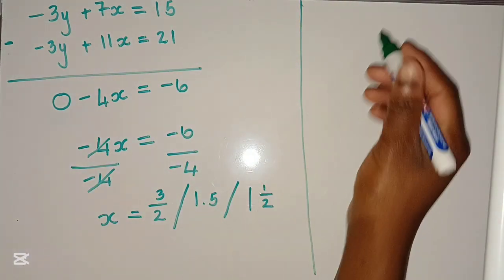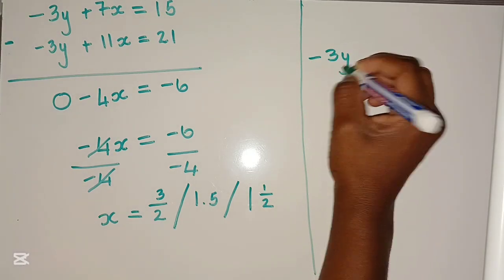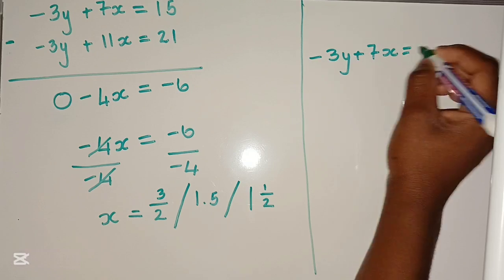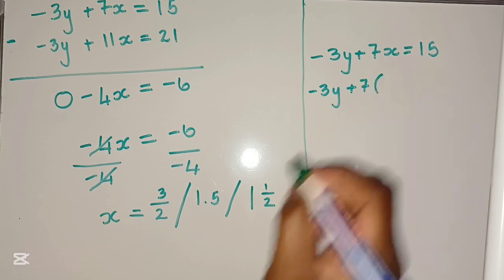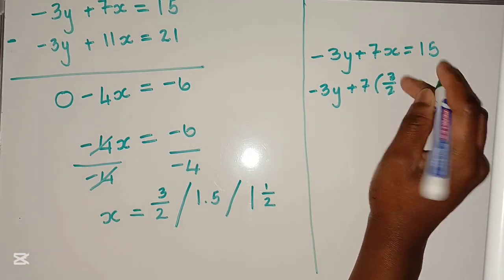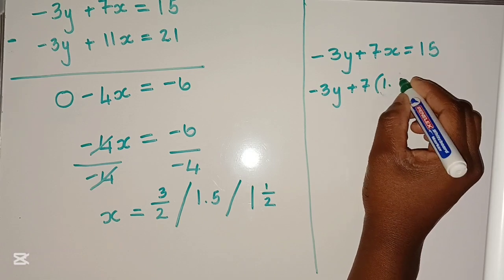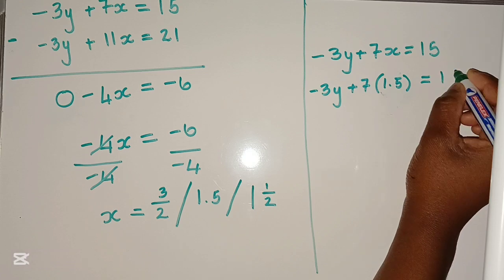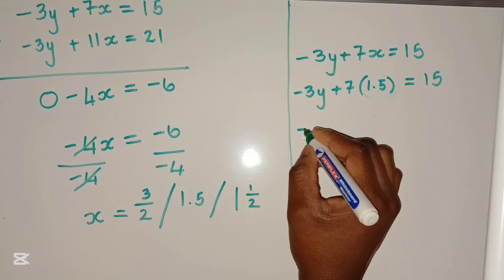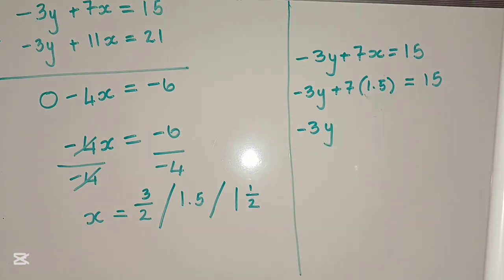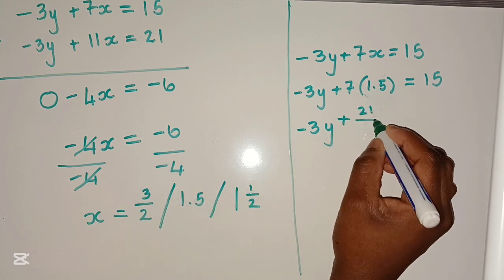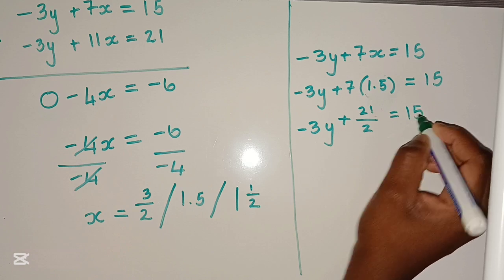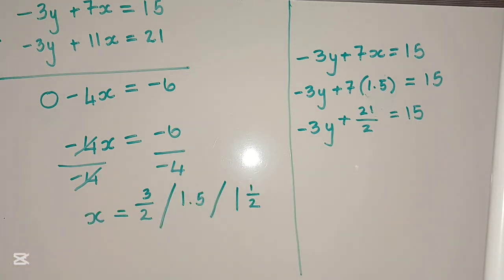I will put it in the first equation. -3y plus 7x equals 15. -3y plus 7, where there's x, you put 1.5, equals 15. -3y plus 7 times 1.5, which is 21/2, equals 15.